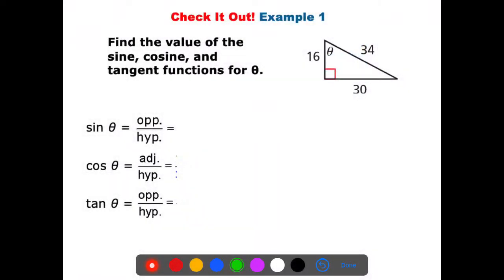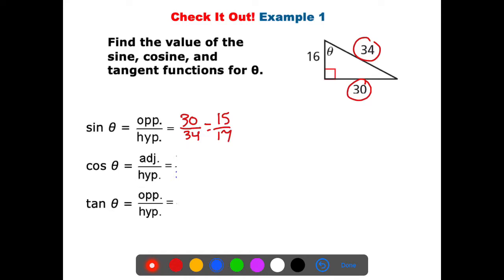Moving on to another example, find the sine, cosine, and tangent. So the sine of this one would be your opposite, which is 30, over your hypotenuse, which is 34. So 30 over 34, which is 15 over 17 when you reduce it.